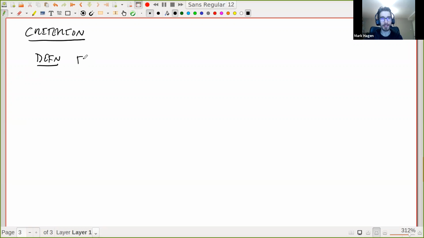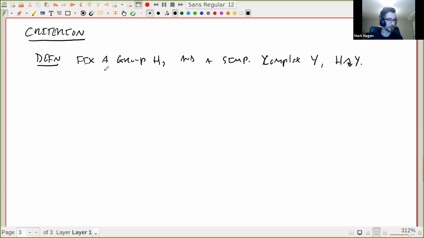So fix a group H and a simplicial complex. Now all of this nasty coarse geometry is gone, and we're just going to do simplicial complexes. So a simplicial complex Y with H acting on Y by simplicial automorphisms.